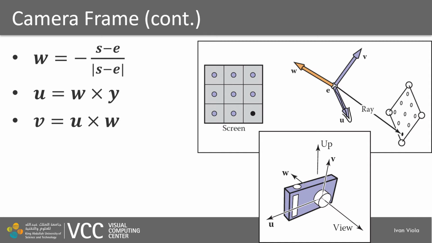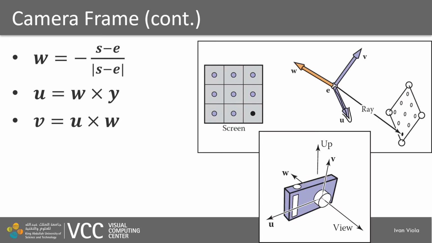Once we have the u and w vectors, we compute the v vector as the cross product between the u vector and the w vector. All these vectors need to be normalized so that we have an orthonormal coordinate basis.